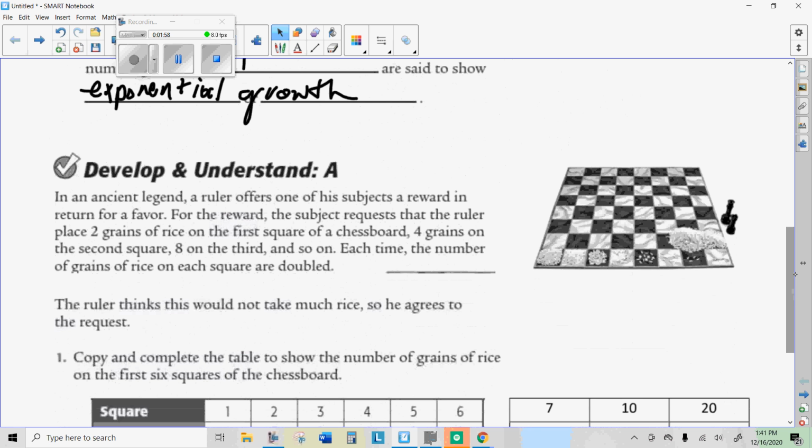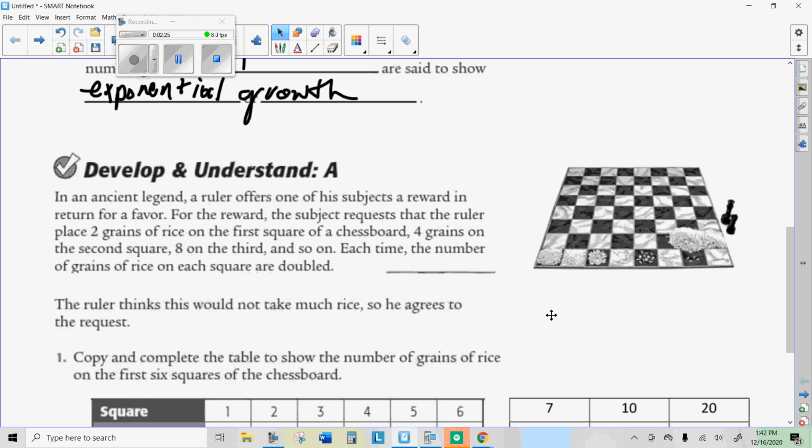In a land long ago, there was a ruler and there was a peasant, which is just a regular person, who saved his daughter. So the ruler offered a reward to this person because he really was thankful that he saved his daughter. And the subject got to pick whatever he wanted.